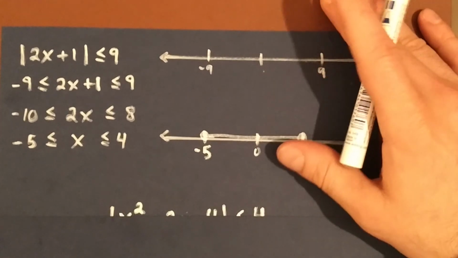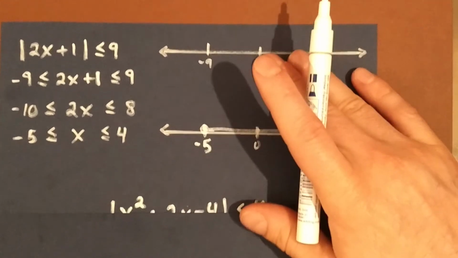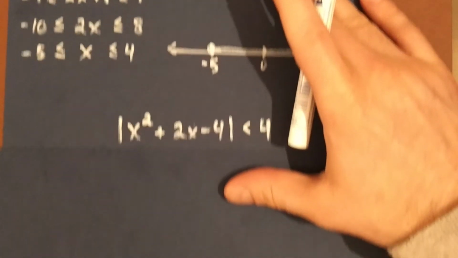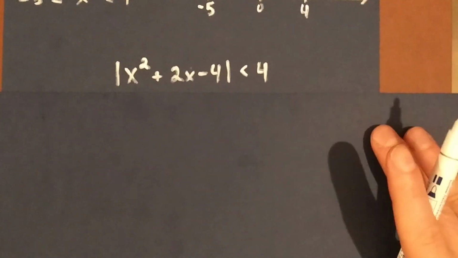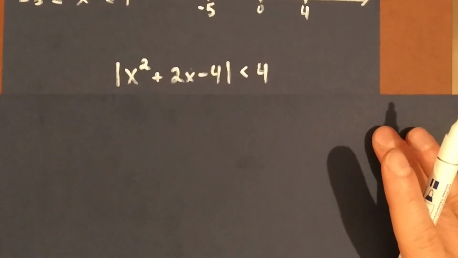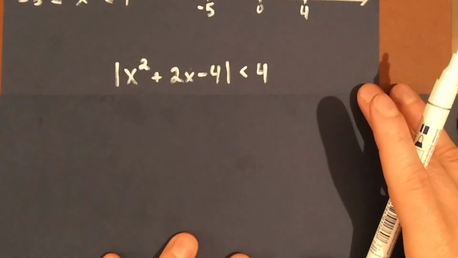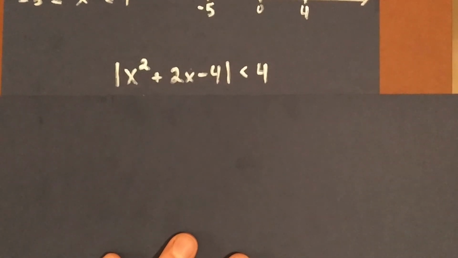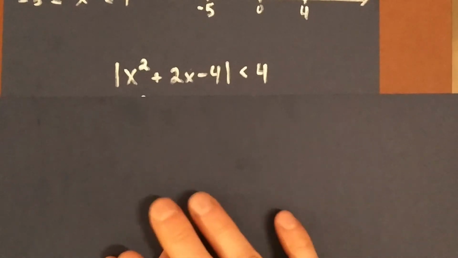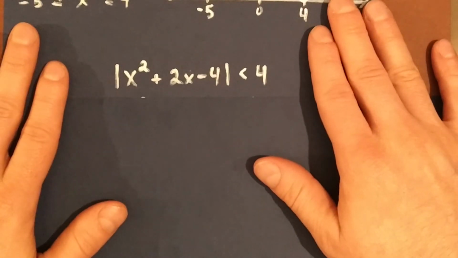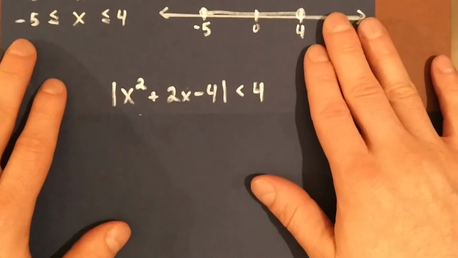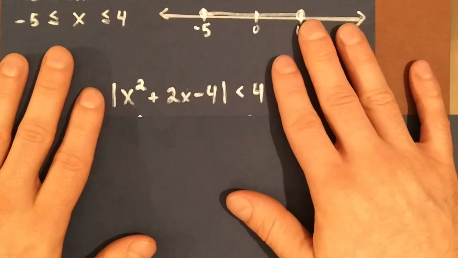Okay, last thing, let's take a look at a quadratic inequality with absolute value. So here, how many solutions can we expect?